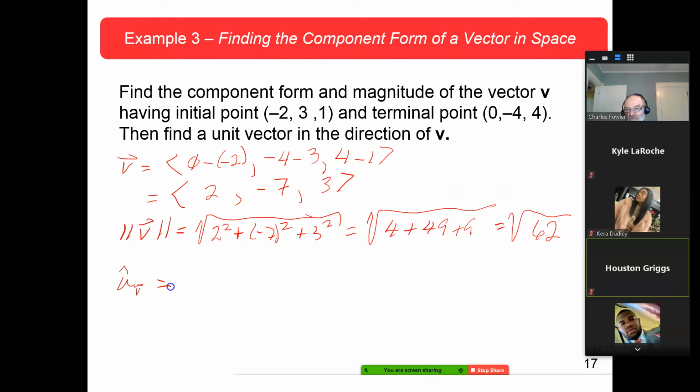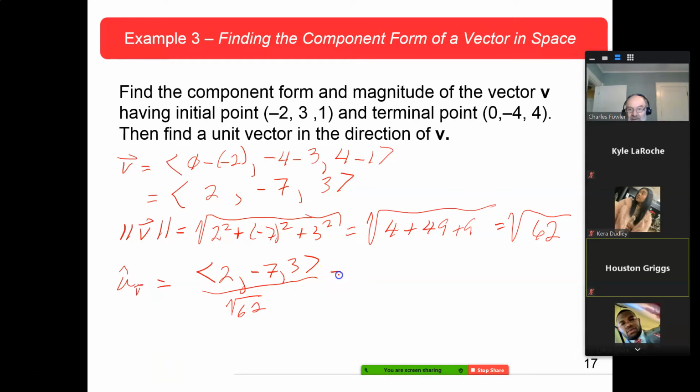In that direction, and that would be the vector v, which is 2, negative 7, 3, divided by its magnitude, the square root of 62. Okay, and frankly, that's a perfectly good way to write it.